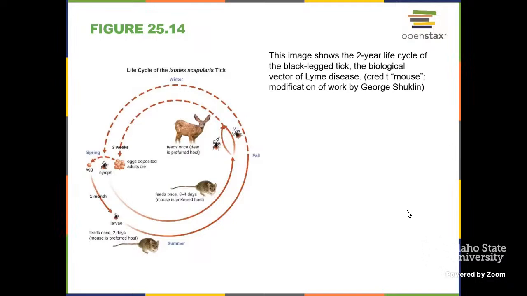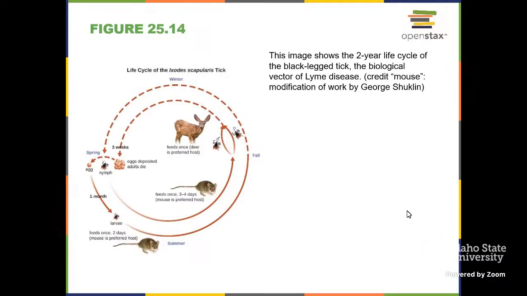So we start with this egg. After about a month, we've got this larval stage. It gets onto a host. A mouse is typically what they like. They stay on and attached for about 2 days feeding, taking a good blood meal, and then they overwinter.